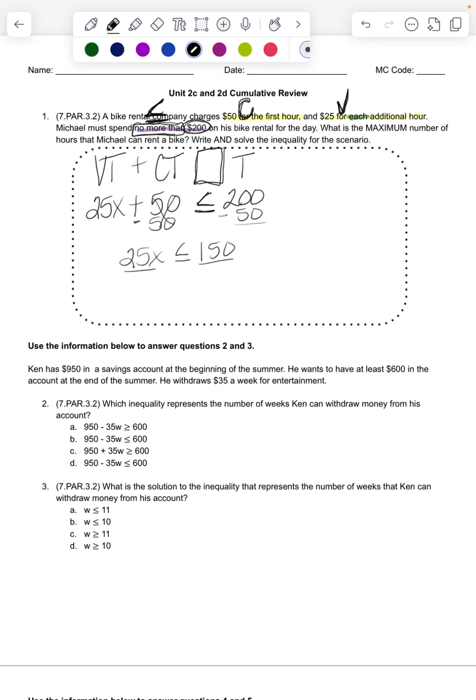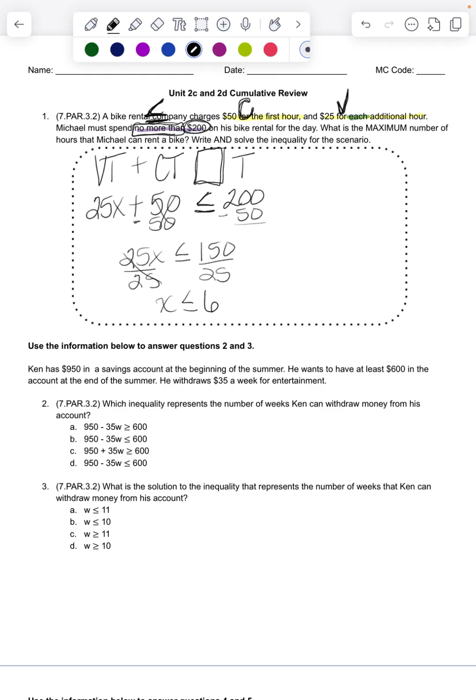Now we divide both sides by 25. And x is going to be less than or equal to, and you put that in your calculator, and you get 6. So the maximum number of hours that he could rent a bike would be 6 hours.